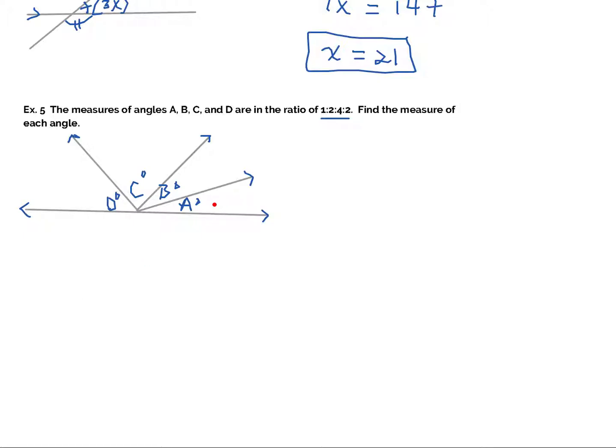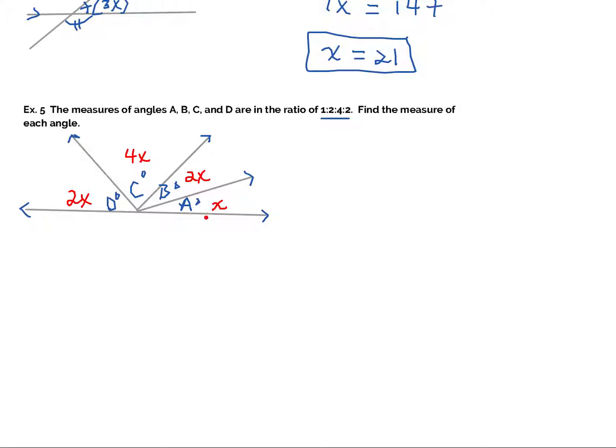So this one's going to be X. B is going to be, we're going in order, these correspond. So 1 goes with A, 2 goes with B, 4 goes with C, etc. So B is 2, ratio is twice as big, so we're going to say 2x. C is 4x, and D is 2x. So if A is worth 1, this is twice as big, 4 times as big, 2 times as big.